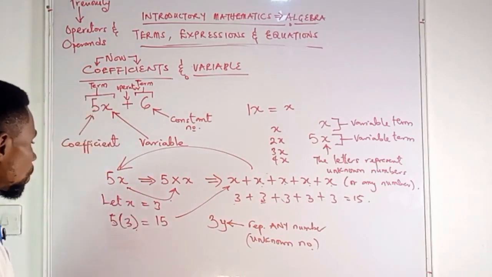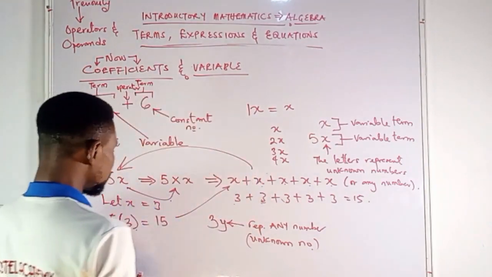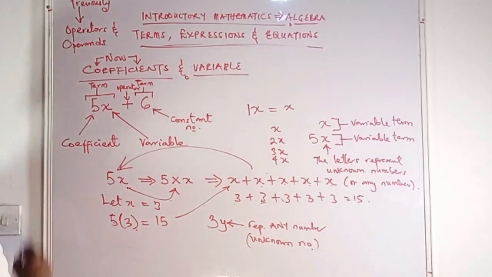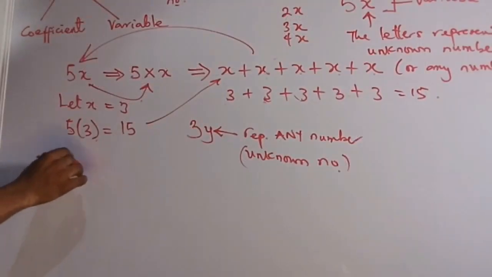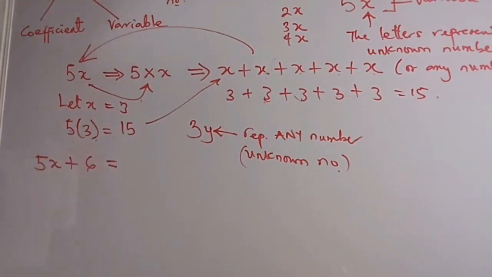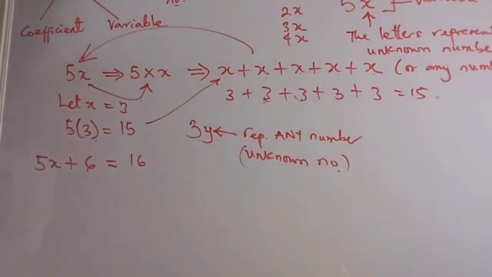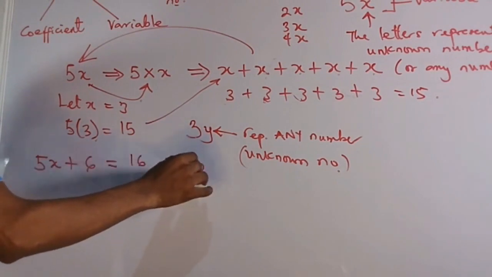All right? So, for instance, I just want to manage the space on the board. Let me use this space here. If, for instance, you have something like this, 5x + 6 = 16, and the question says, find x.